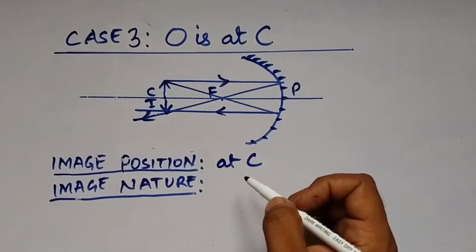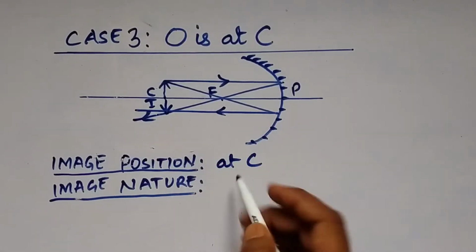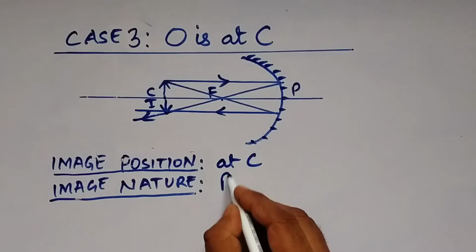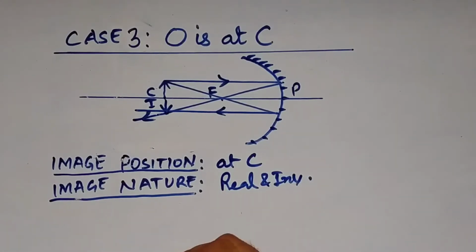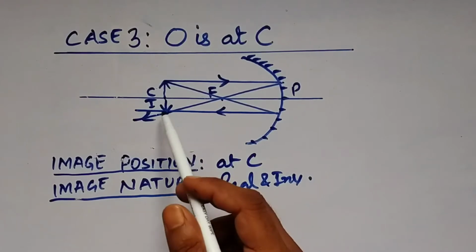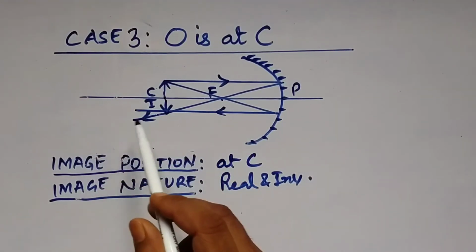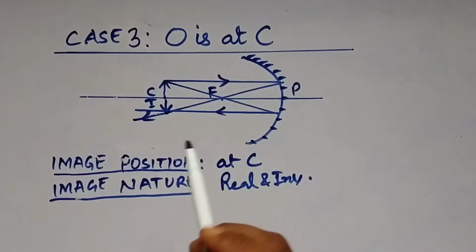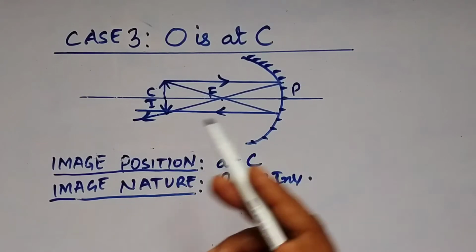And the image nature will be, since the rays are meeting each other, real and inverted and of the same size. Just see, in the previous cases the size of the image was diminished, but in this case the size of the object and the size of the image will come out to be equal.